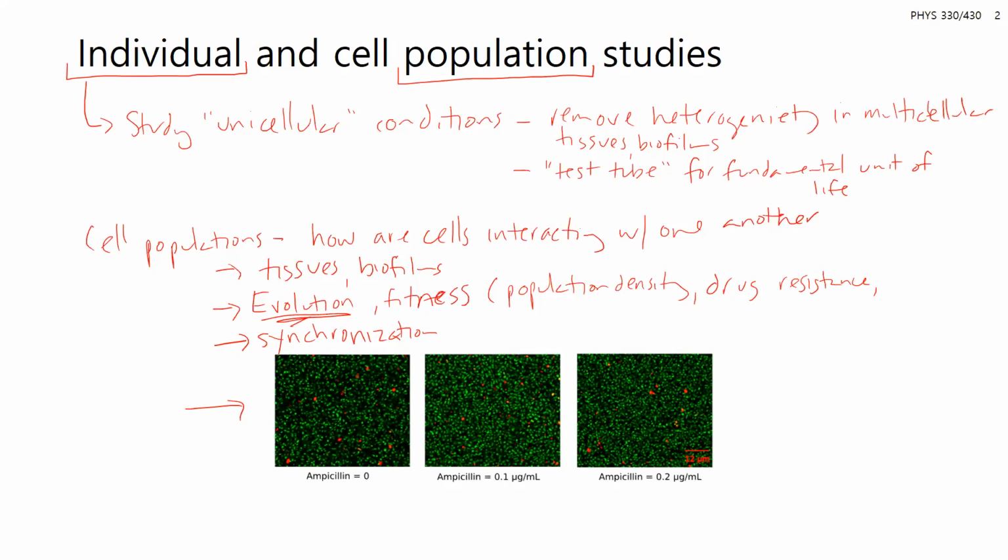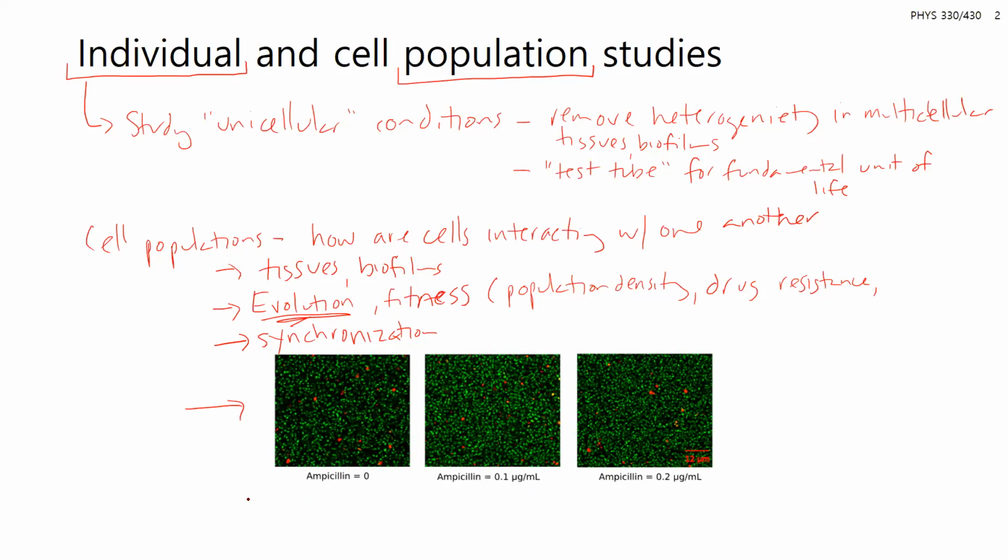Many of the techniques, like this image here from Kevin Wood's work, where you can see ampicillin at different doses, look at how many cells die versus survive, where fluorescent indicators tell you about the state of those cells.